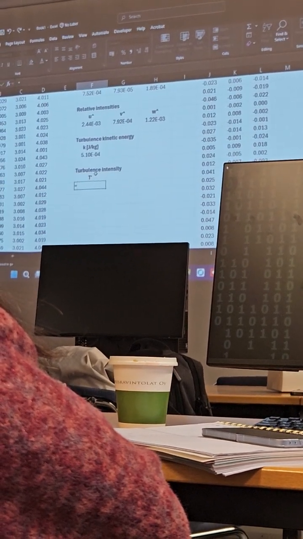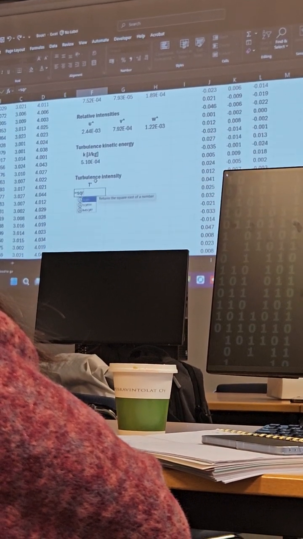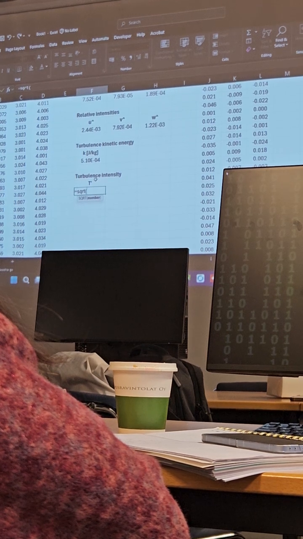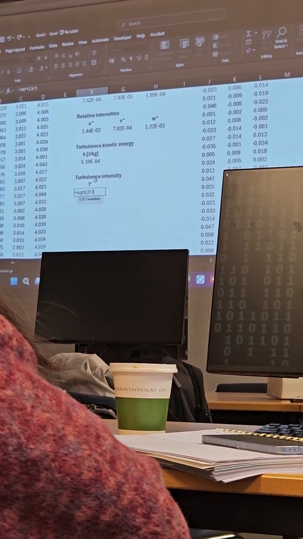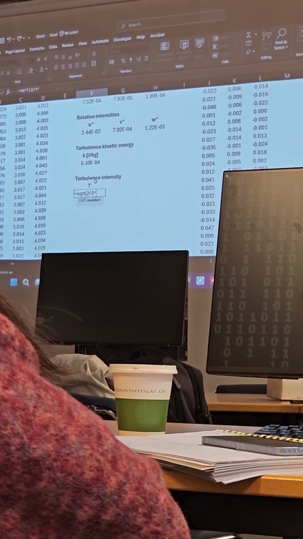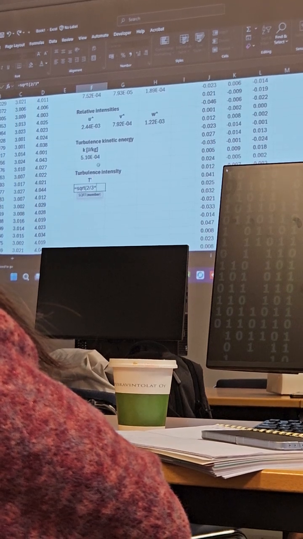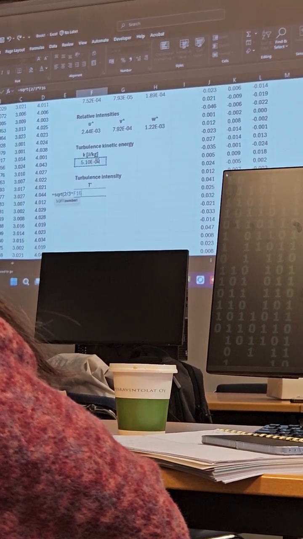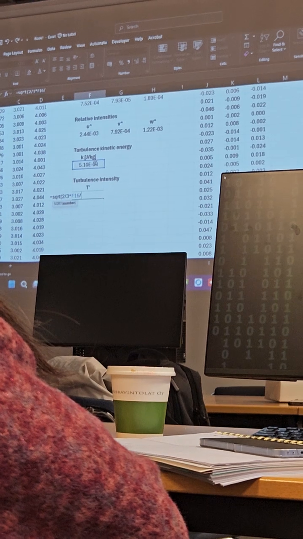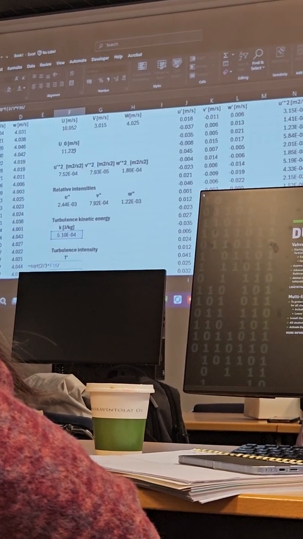So this is the square root of 2/3 times turbulence kinetic energy K over U0 to the power of 2.